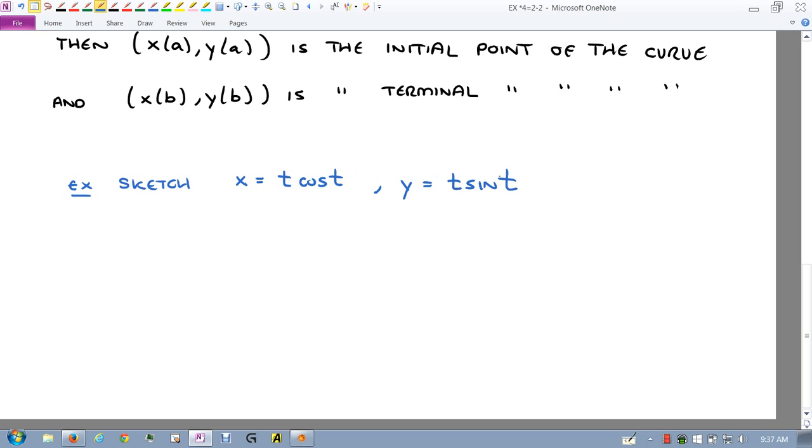And before you graph it, let's think about what it might look like. Let's do it on just the interval 0 to pi.